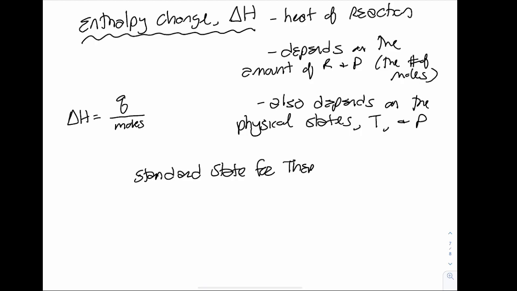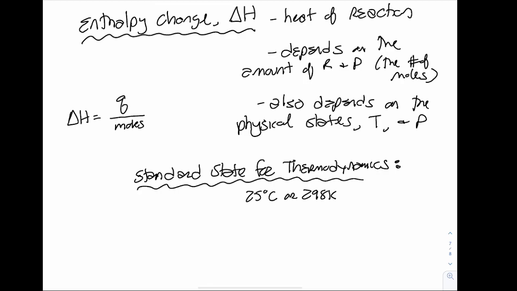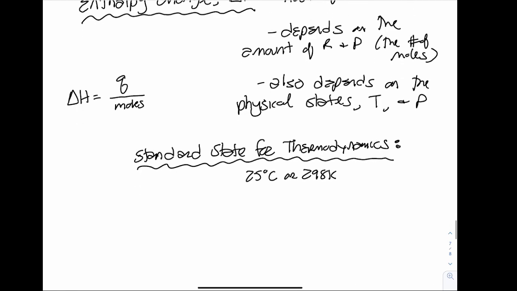So standard state for thermodynamics is 25 degrees Celsius, right? For gases, my standard state was 0 degrees Celsius, so be really careful. This is 298 Kelvin. And then the pressure is the same, so it would be 1 atmosphere of pressure.